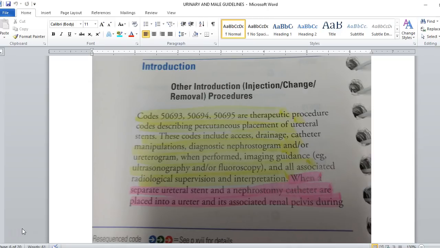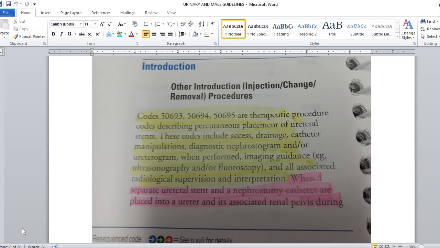These codes include access, so how we get there, drainage, removing whatever fluid's there, catheter manipulations, moving the catheter around, diagnostic nephrostograms and ureterograms, when performed, imaging guidance and all associated radiological supervision and interpretation. Again, using ultrasound or fluoroscopy to make sure that they are in the right place.